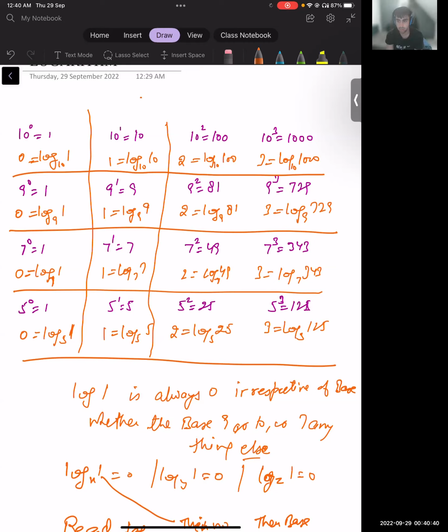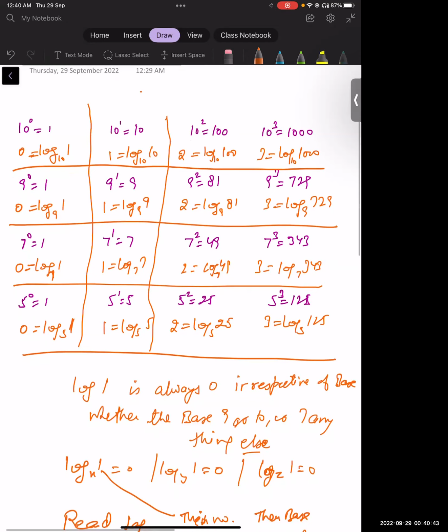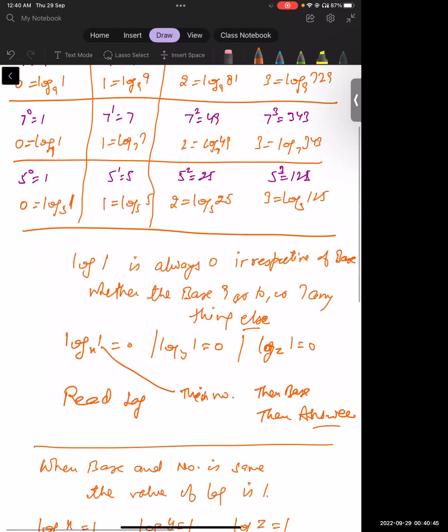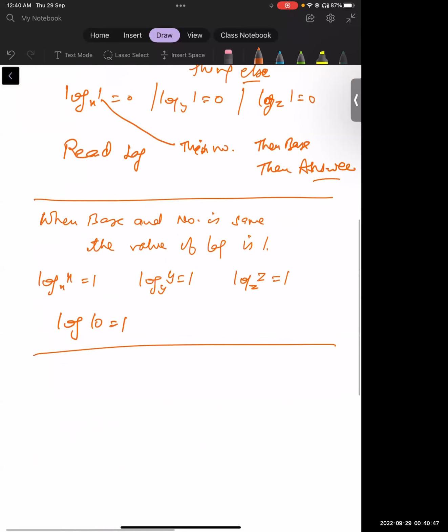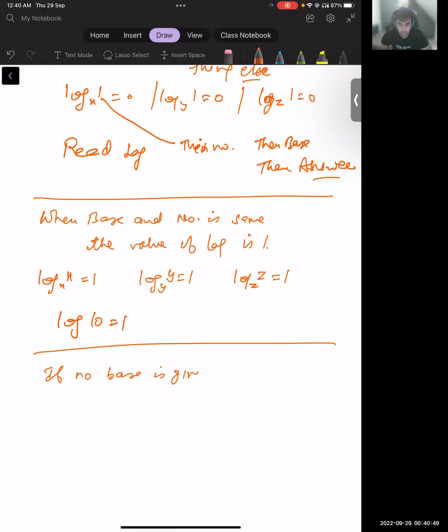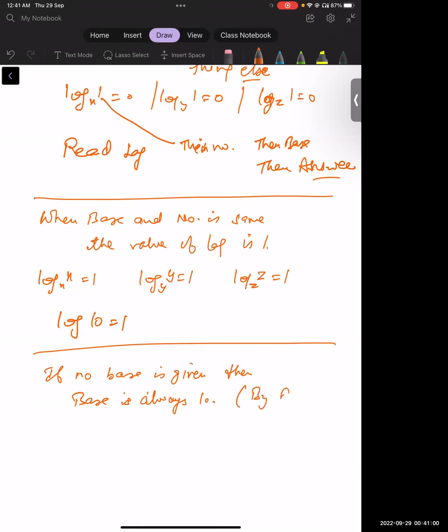But what is the actual base of log if no base is given? Then the base is always 10 by default.